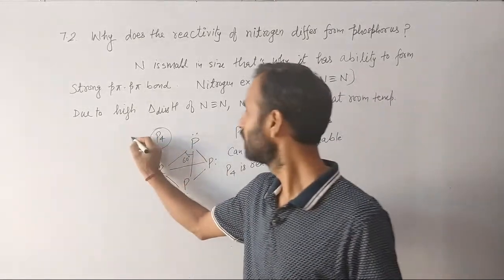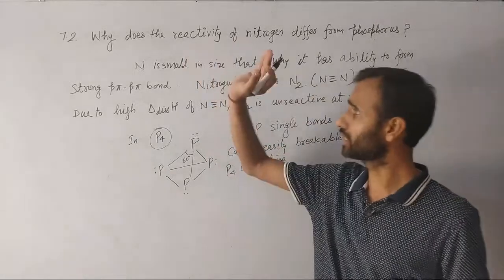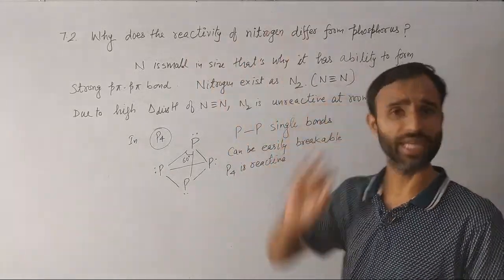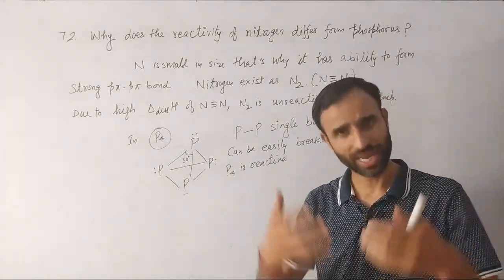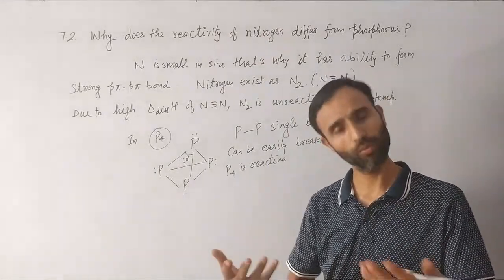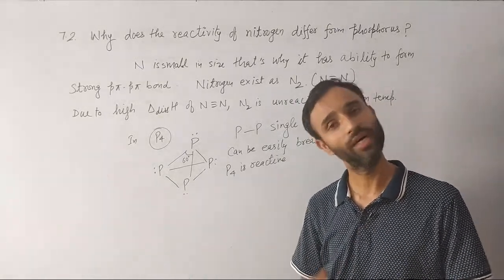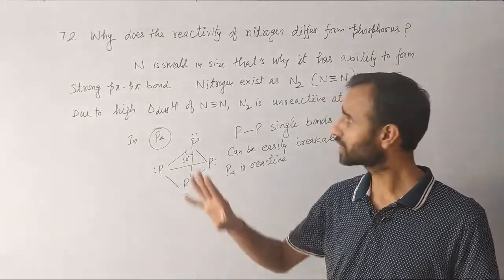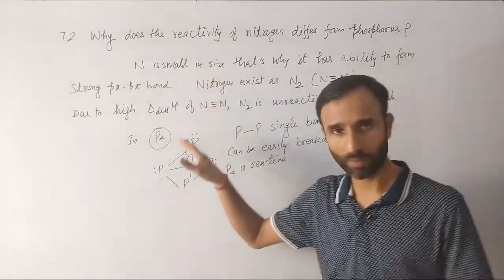So you can write, because there is no need to write in detail. The question is simple. What is the difference in reactivity? So we have to prove nitrogen is less reactive or almost unreactive, and P4, phosphorus, is reactive. So the first reason is nitrogen is small in size, so it forms strong p-pi bond.